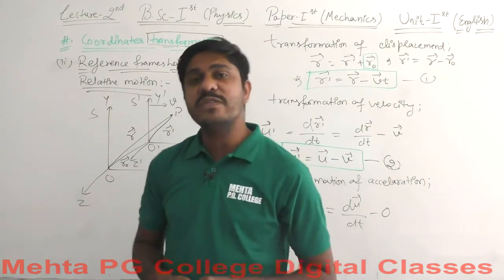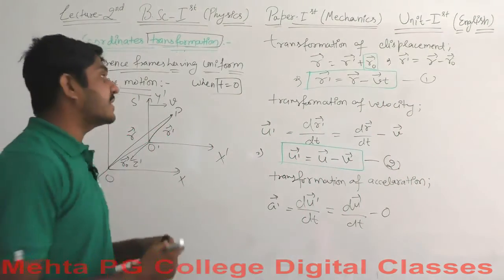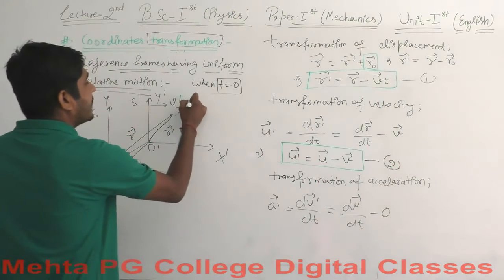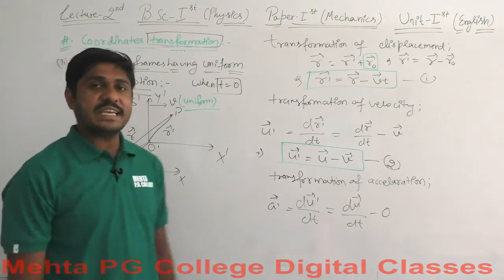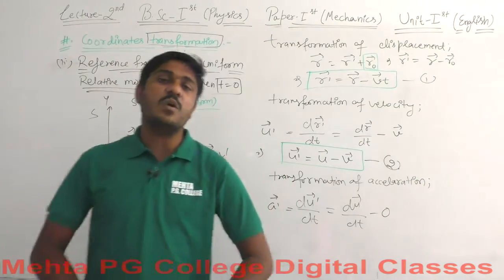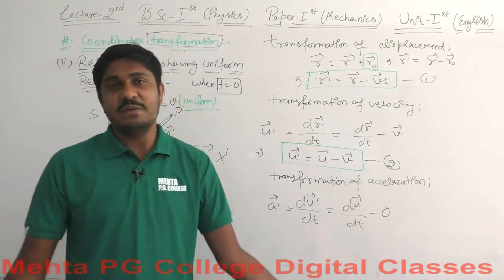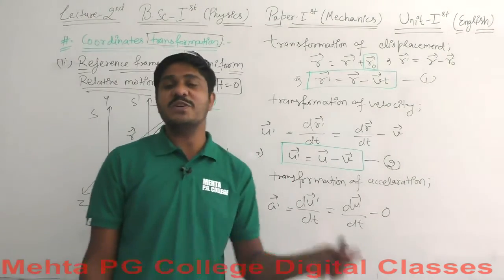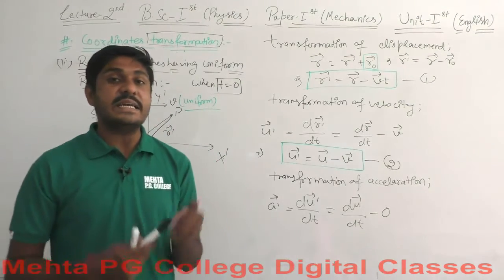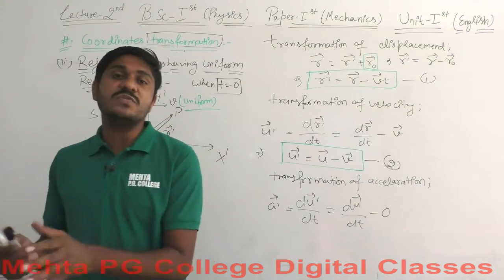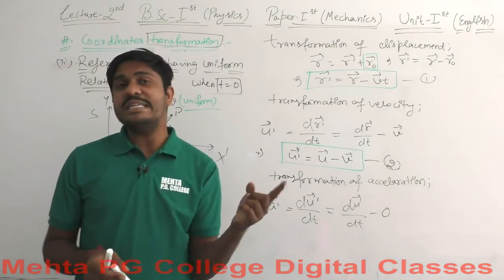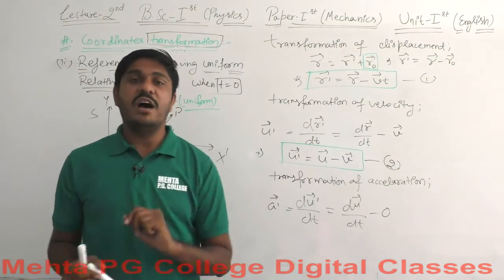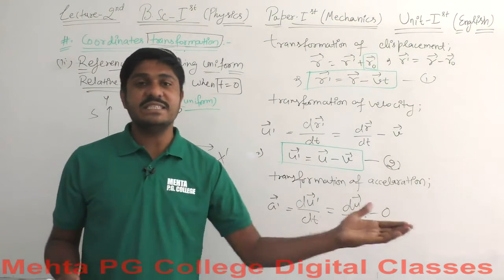We used a different term, saying that this velocity is uniform. Uniform means the same thing: you can say either constant or uniform, because both have the same meaning. That means these quantities do not change with respect to time.